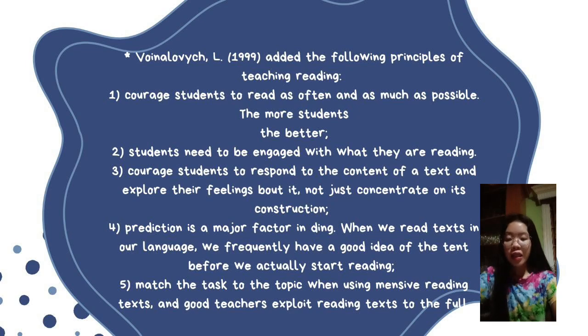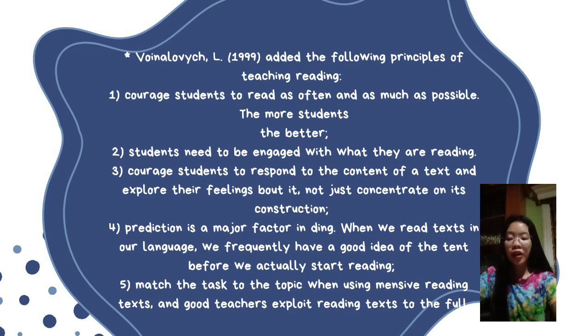Number four is prediction is a major factor in reading. When we read text in our language, we frequently have a good idea of the text before we actually start reading. So when we read text in our own language, we can easily understand and have a better idea of what the text is all about.